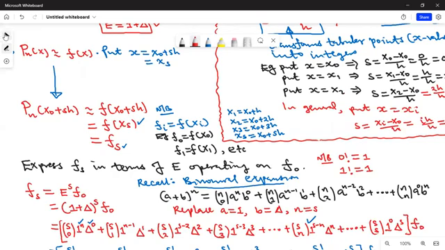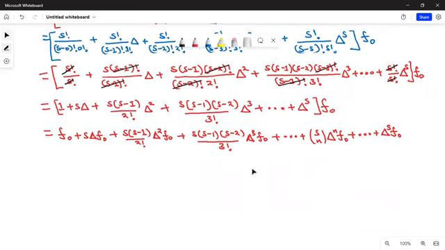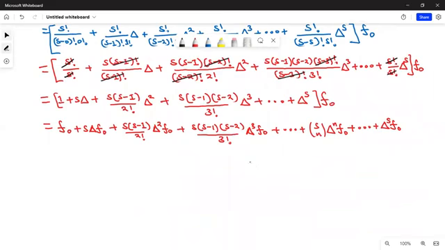So let's write it down here. You're going to write the truncation. So you can write here: truncate the series after the term involving delta raised to n. You see, truncating, you get rid of the other terms.